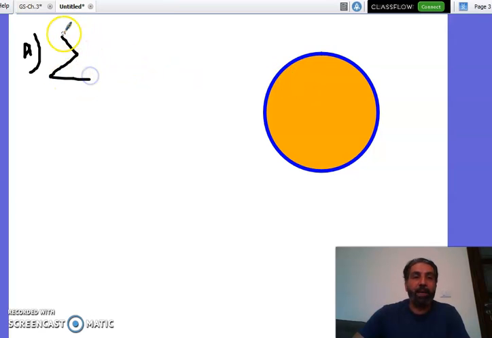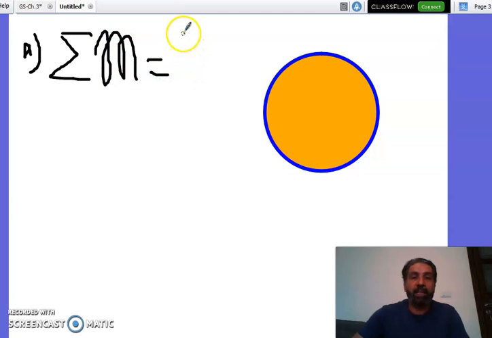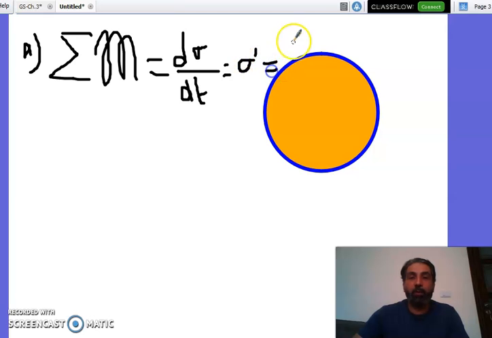So sum of moments is equal to d sigma over dt, right? Or equal sigma prime, and also equal I theta double prime.